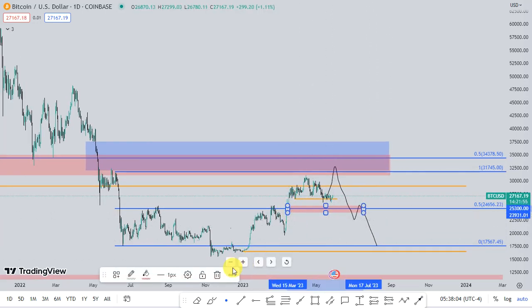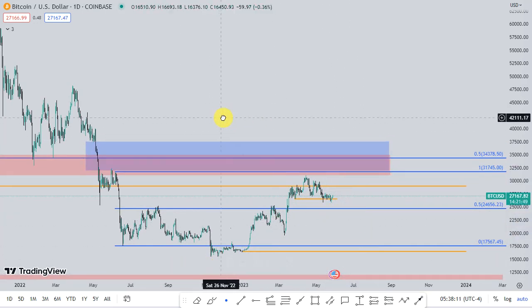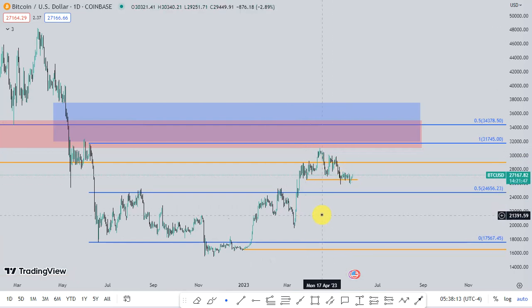So if I make it a bit more clear and remove these lines, I'm going to share my trade idea.